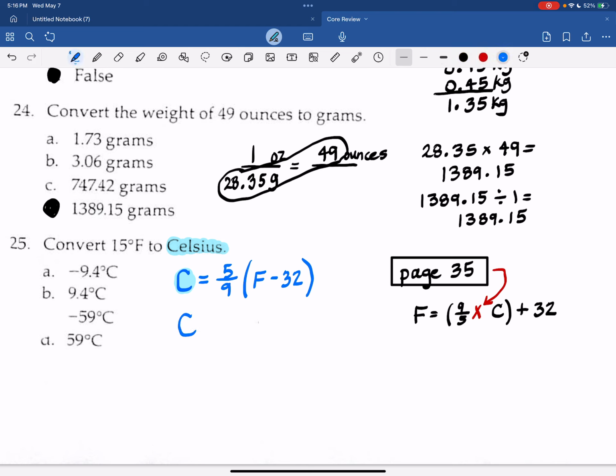We don't know Celsius. That's what we're trying to find. So I would say 5/9. Drop that F out of there, and then substitute the 15, because they tell me that Fahrenheit is 15. Then do parentheses first. 15 minus 32, type that in your calculator because it's going to be a negative number, is 17 negative.